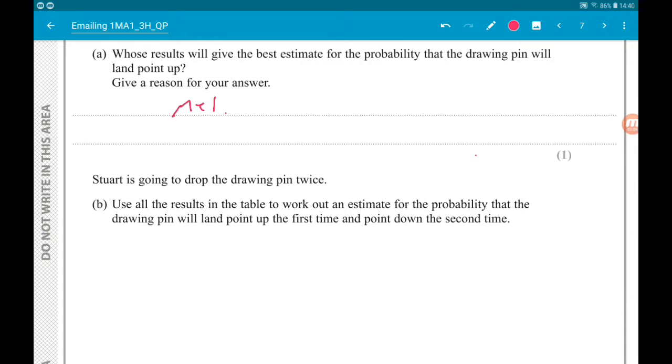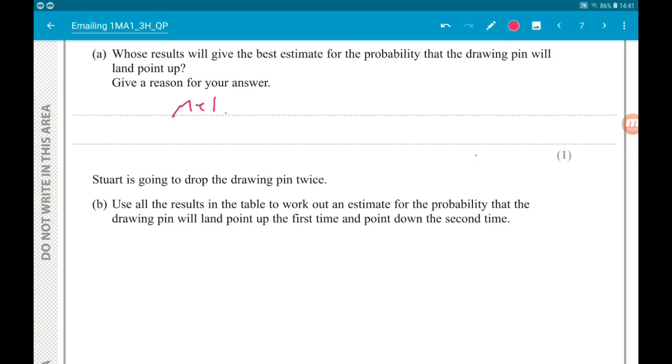Okay, then for part B, Stuart is going to drop the pin twice. We want to use all the results in the table to work out an estimate for the probability that the pin will land point up the first time and then point down the second time.